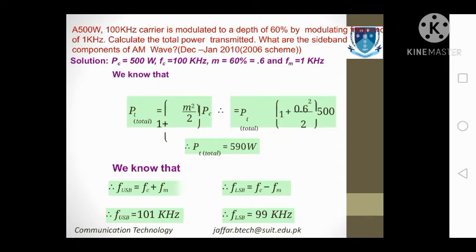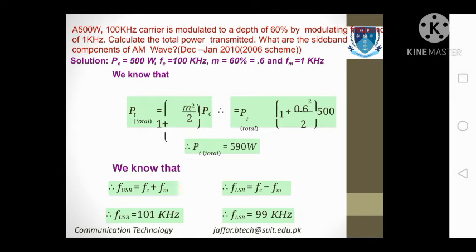So pc, the power of the carrier, is equal to 500 watt, and the frequency of that carrier is 100 kilohertz, and m is equal to 0.6, or you can say 60%. The frequency of the modulating signal is 1 kilohertz, and we have to find the total power and the sidebands power.